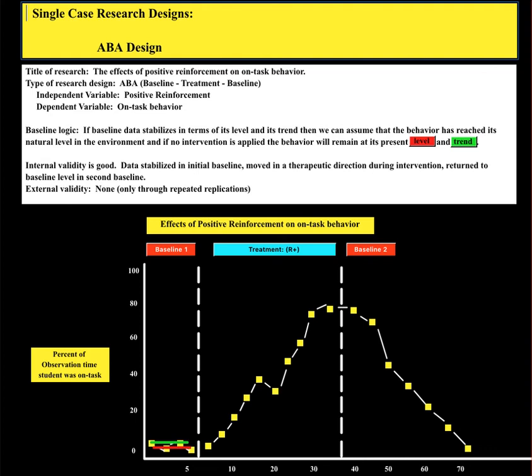The process of withdrawing the intervention and going back to a second baseline condition demonstrates that there is a functional relation between positive reinforcement and on-task behavior.